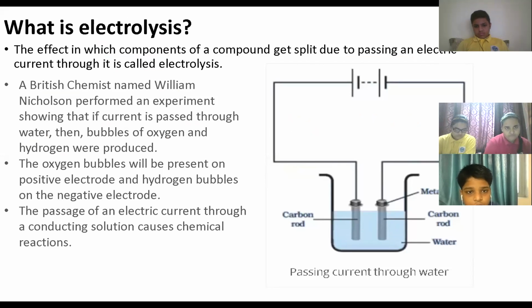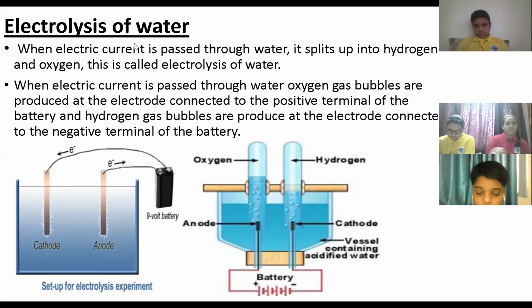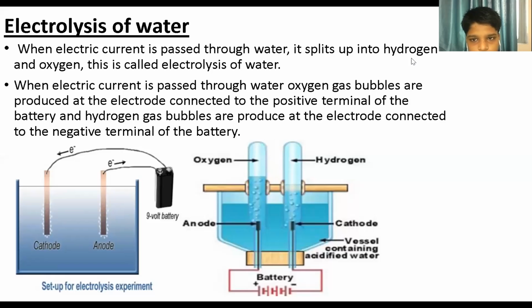Yes, sir. Okay. Now, the next one, the electrolysis of water. Actually, electrolysis can be done for different liquids, but the very simple one is water. That's why it is explained for water.